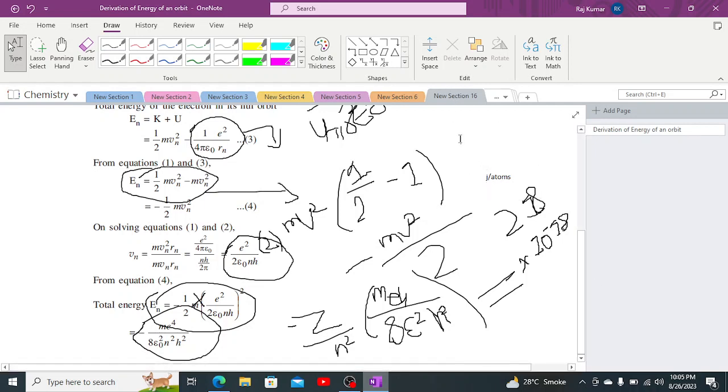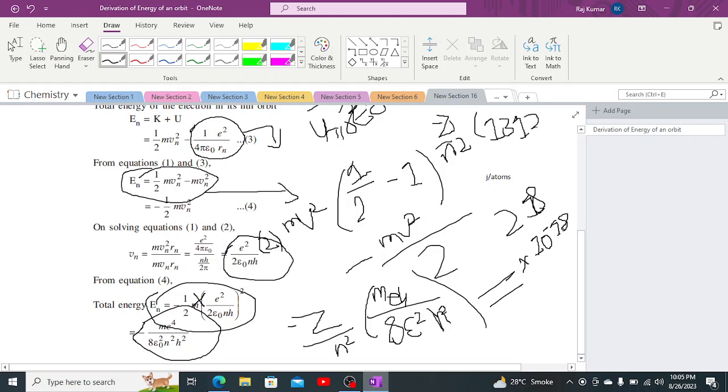So as we multiply it with Avogadro's number divided by 1000, it will ultimately become minus z upon n² times 1313. I won't be solving it, as we already know about Avogadro's number and how to convert joule per atom into kilojoule per mole. We just multiply with Avogadro's number divided by 1000.